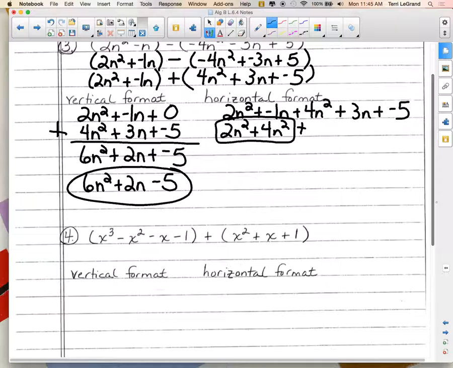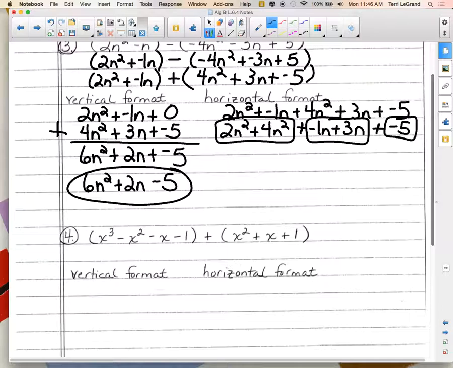Plus, well, we got some n's. We got a -1n and then a 3n. So we'll group those together. And then we only have the constant -5, so it doesn't have anybody to be added to, so it just gets boxed by itself. So you know what? I'm wrong.